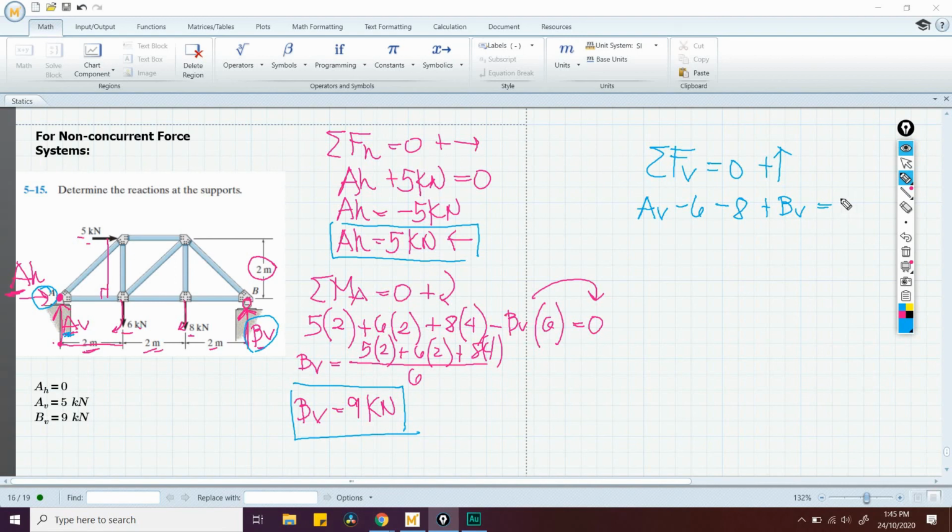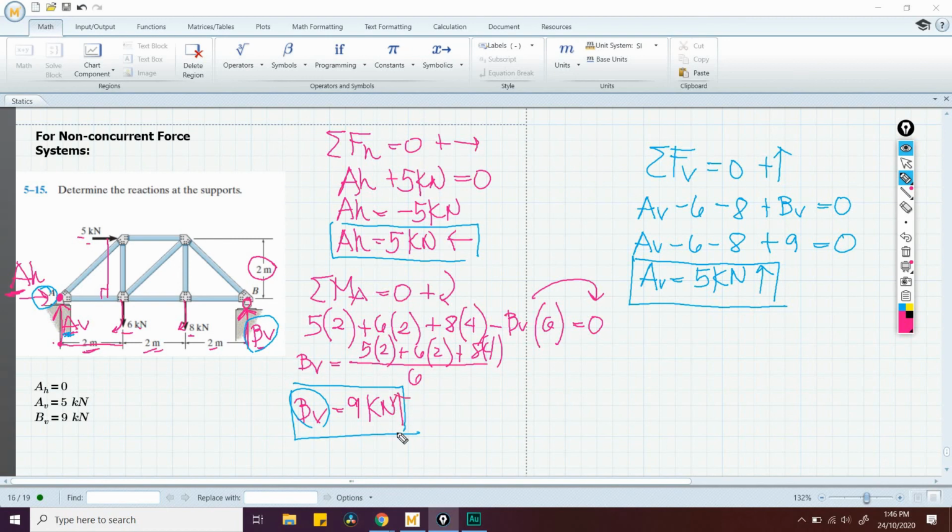Wala nang ibang vertical, so that is equal to 0. Okay, so we have AV minus 6 minus 8 plus yung BV natin dito, which is 9. Equal sa 0 yan, we will have AV equal to 5 kilonewtons. Okay, so that is the 5 kilonewton natin, going up siya. Ayan yung ating reaction at A, vertical. Okay, ito namang B, vertical natin is going up din.